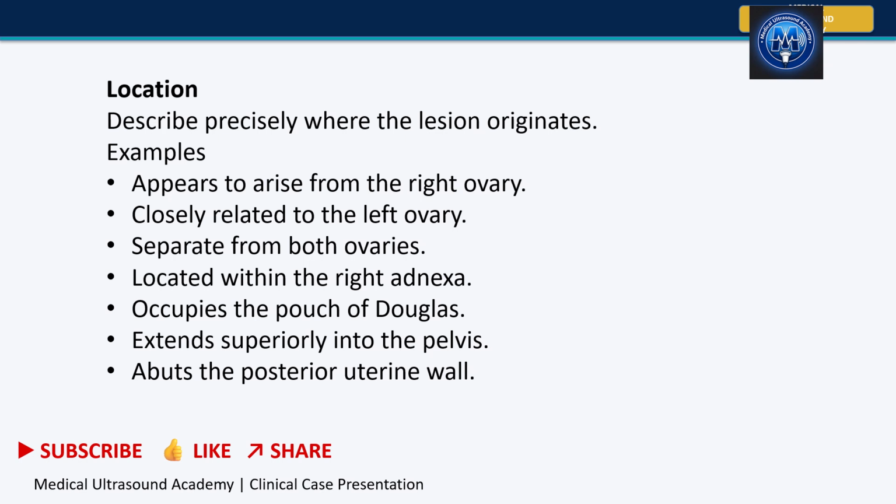So, the location. Describe precisely where the lesion originates. Examples: appears to arise from the right ovary, closely related to the left ovary, separate from both ovaries, located within the right adnexa, occupies the pouch of Douglas, extends superiorly into the pelvis, above the posterior uterine wall.